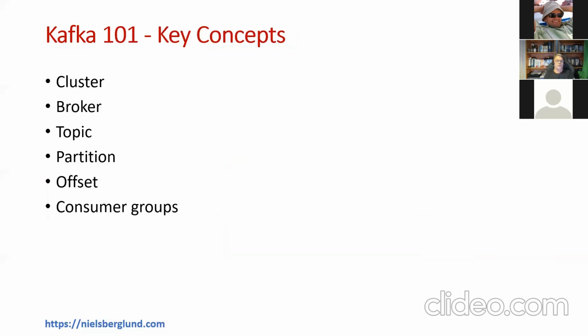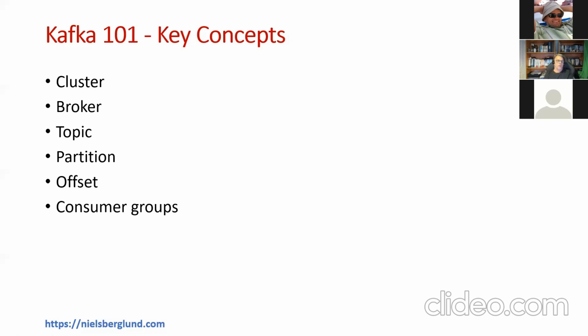So, key concepts of Kafka. We're talking about the cluster, and we are all computer people, so we know what a cluster is. A cluster is one or more machines that are somewhat related to each other. And in a Kafka cluster, we have one or more brokers.